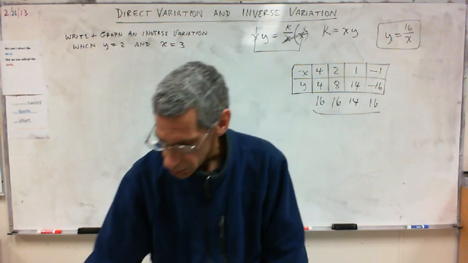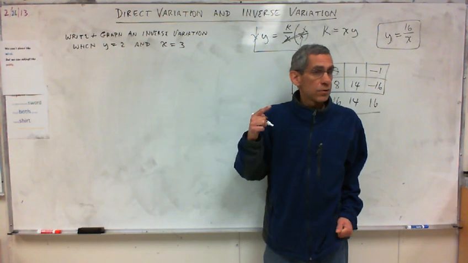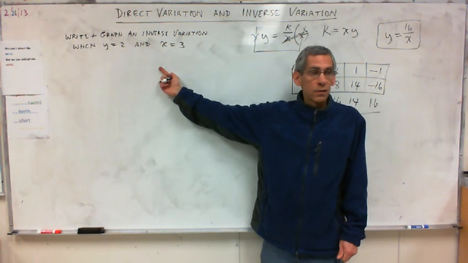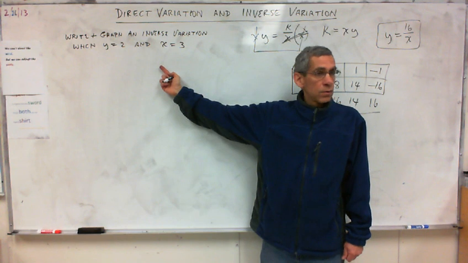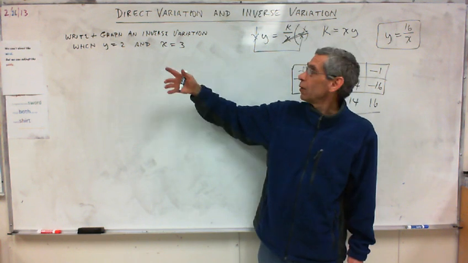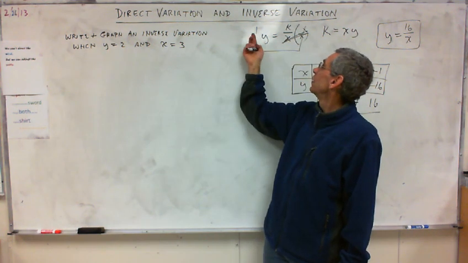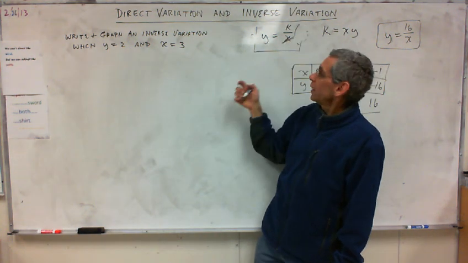First thing is we have to have our formula. So, help me figure out our formula. What do I use? I use y is equal to k over x, right?